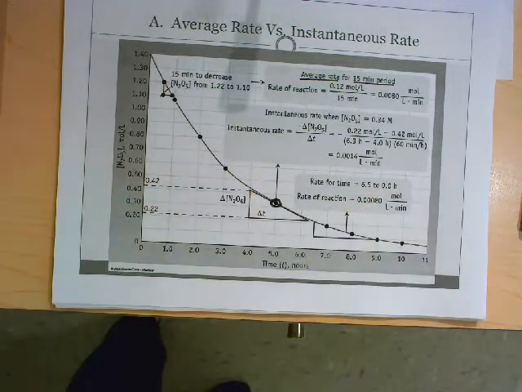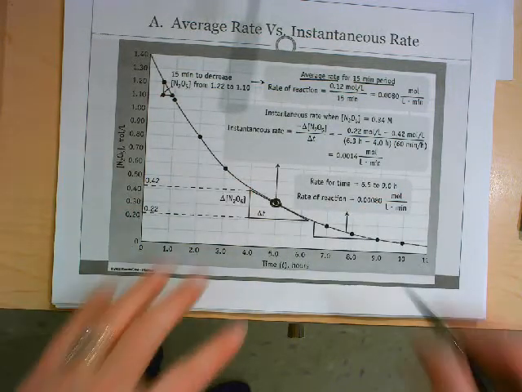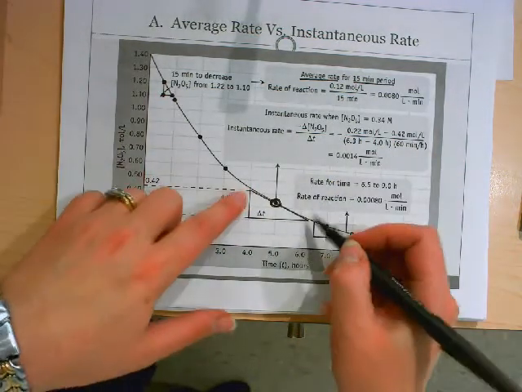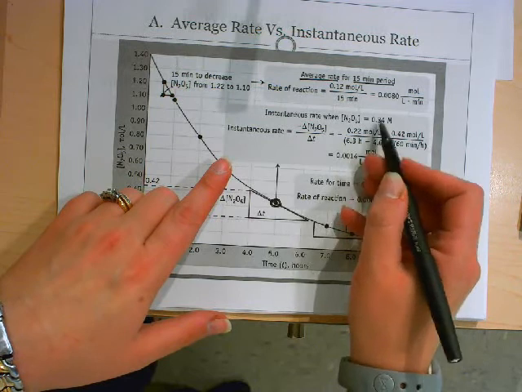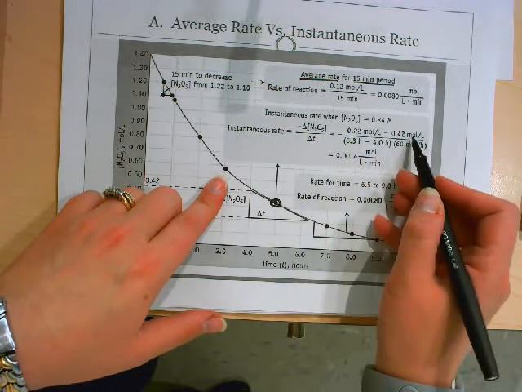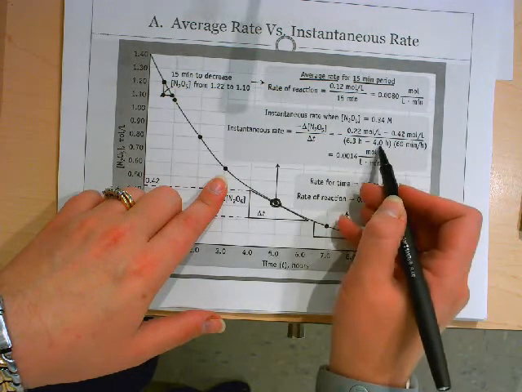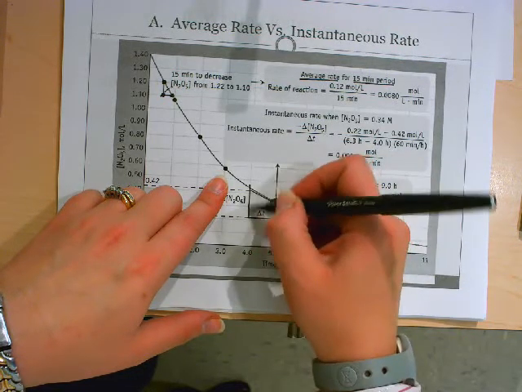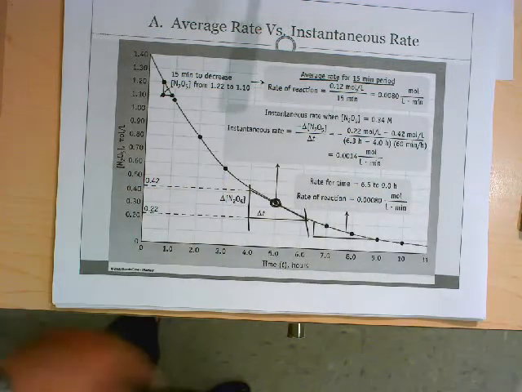You kind of do a tangent line, figure out what the slope is at one point. So in this case, the textbook chose 0.1 molar above and 0.1 molar below, and figured out how big of a time has elapsed between this spot and that spot.